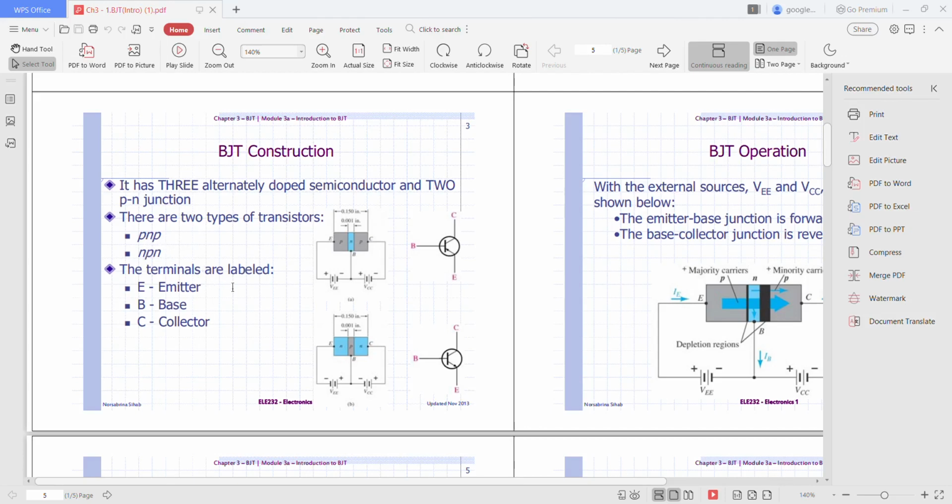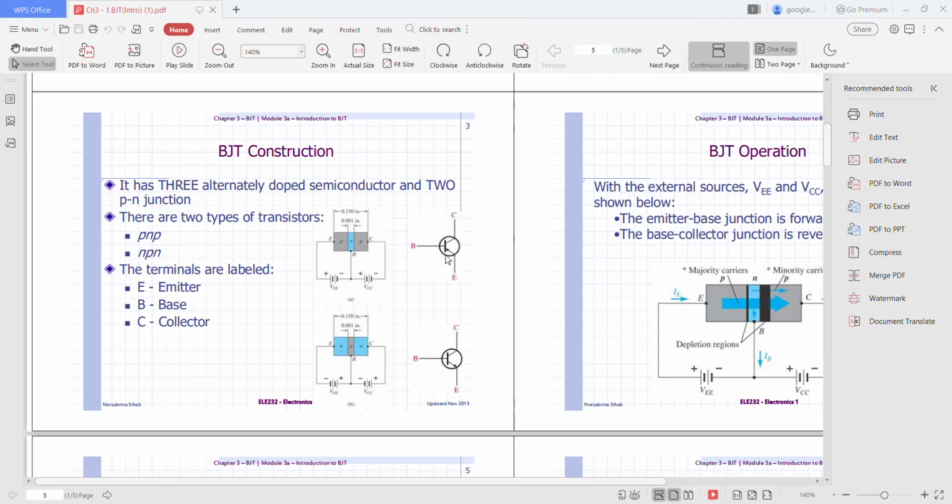The terminals are labeled E for emitter, B for base, and C for collector, as you can see in this figure. This is the terminal, base, emitter, and also collector.